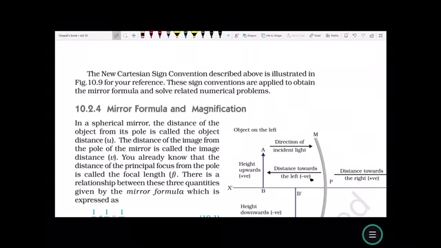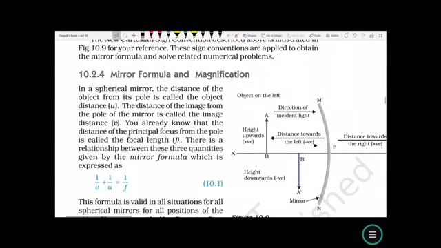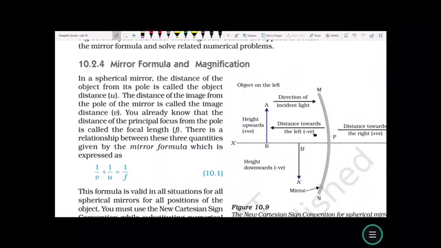Now, let us see how this is related to magnification and the mirror formula. In a spherical mirror, the distance of the object from its pole is called the object distance, that is u. The distance of the image from the pole of the mirror is called the image distance v. We have already known that the distance of the principal focus from the pole is called focal length f.